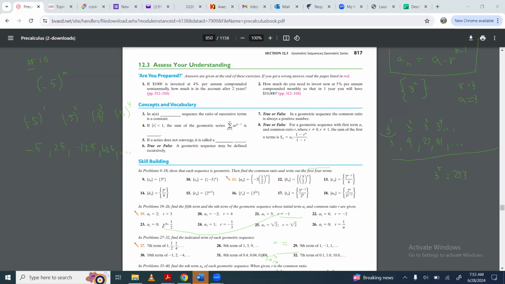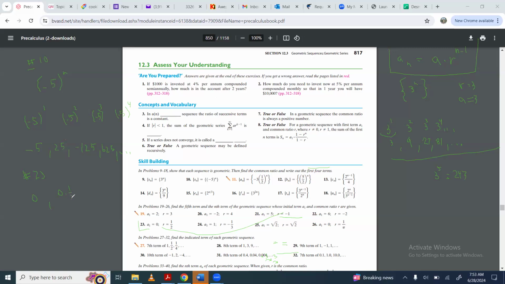So what about problem number 23? I think that's an interesting question, because the first term is 0 and the ratio is 1/2. So when I start with 0 for the first term, I need to multiply it by 1/2 to get to the next term.